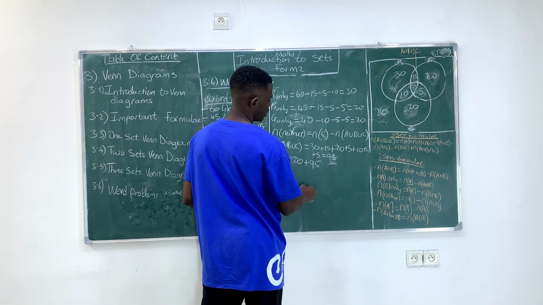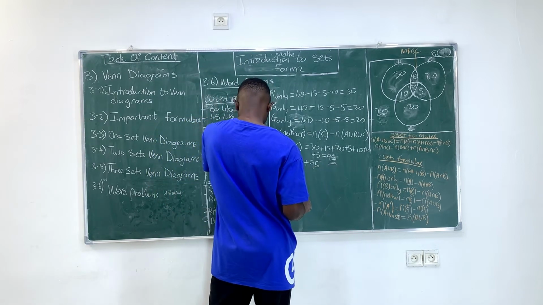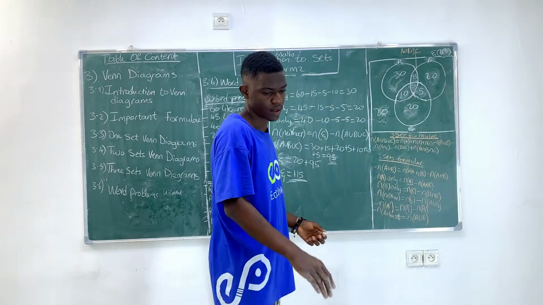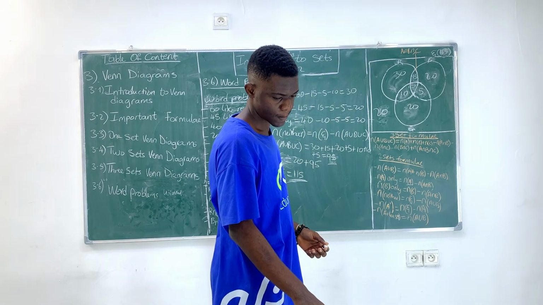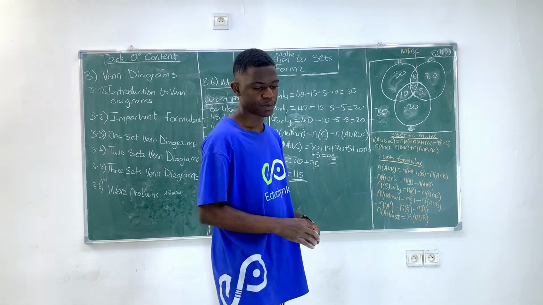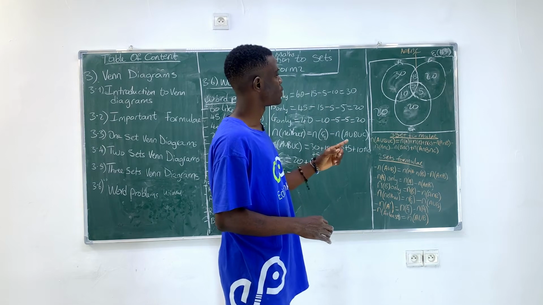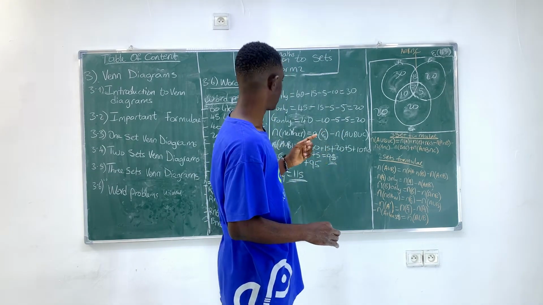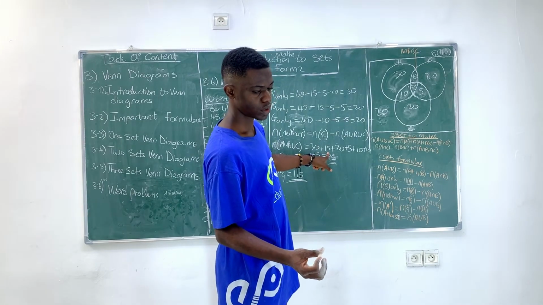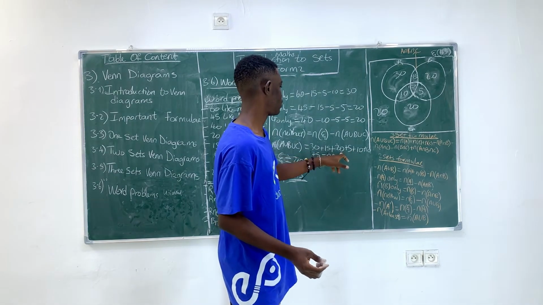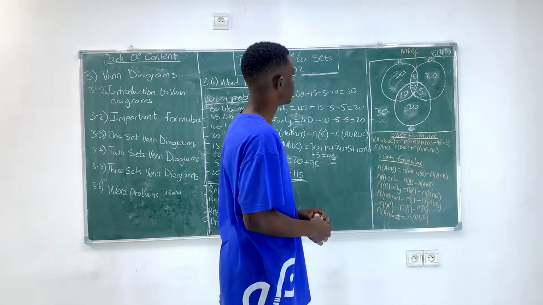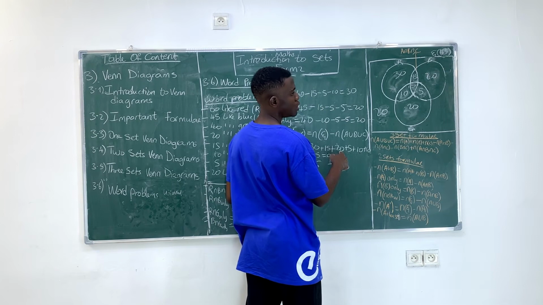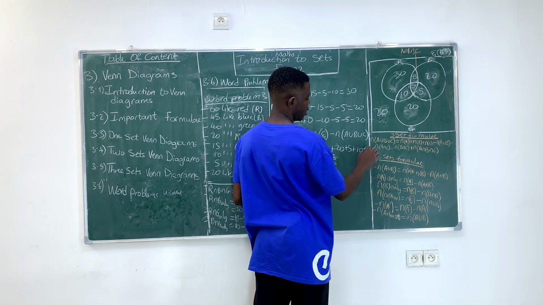This implies my epsilon is 100. Oh no, 15. 30 plus 15 plus 10 plus 5 plus 10 plus 5 plus 20. 10 doesn't appear twice: 30, 15, 20, 5, 10, 20.